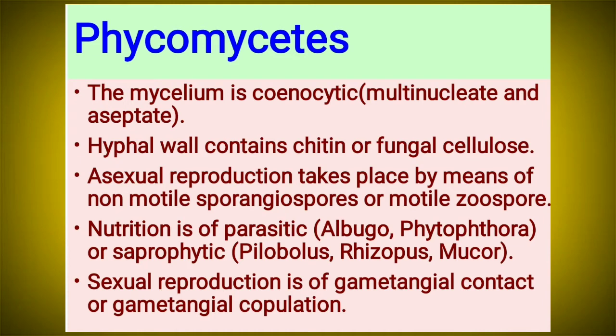The fourth point is that nutrition is of parasitic or saprophytic types. Parasitic means that they cause harm to other organisms, either animals or plants. Such parasitic fungi in the Phycomycetes class are Albugo and Phytophthora. Both are reported to cause disease in plants.